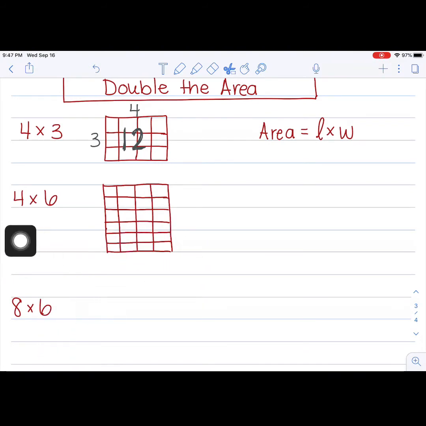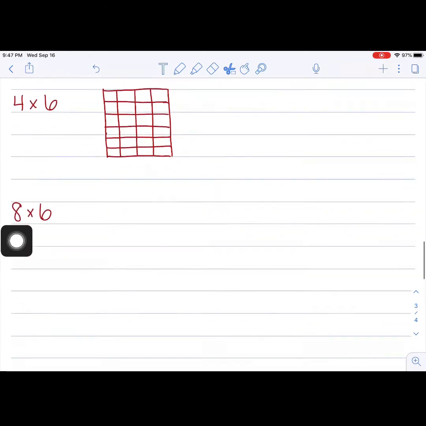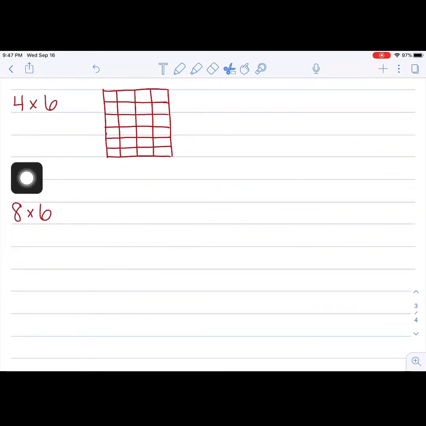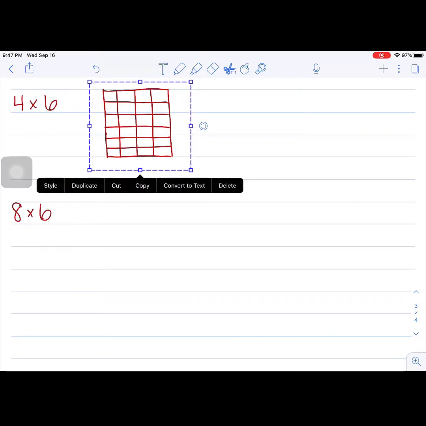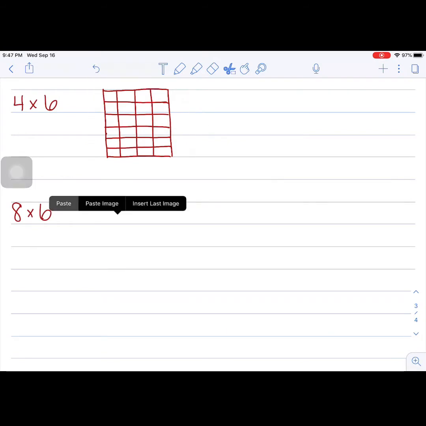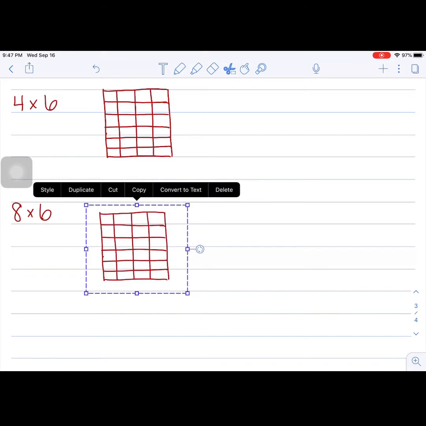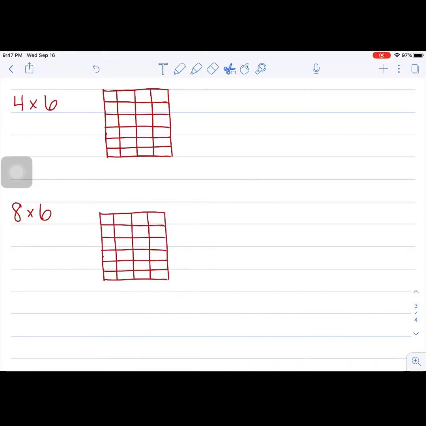Now let's go over here to 8 by 6. What were you thinking for your 8 times 6? How did you draw that? For me, I'm lucky enough to be able to use this tool, so I was able to copy my original. And I don't know if you thought of this when you were making your rectangular array, but I know that 4 and 4 is 8.